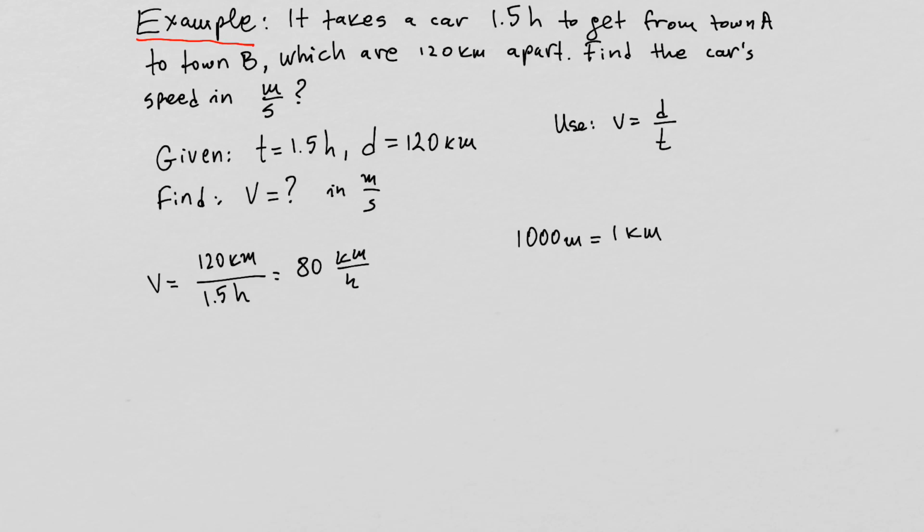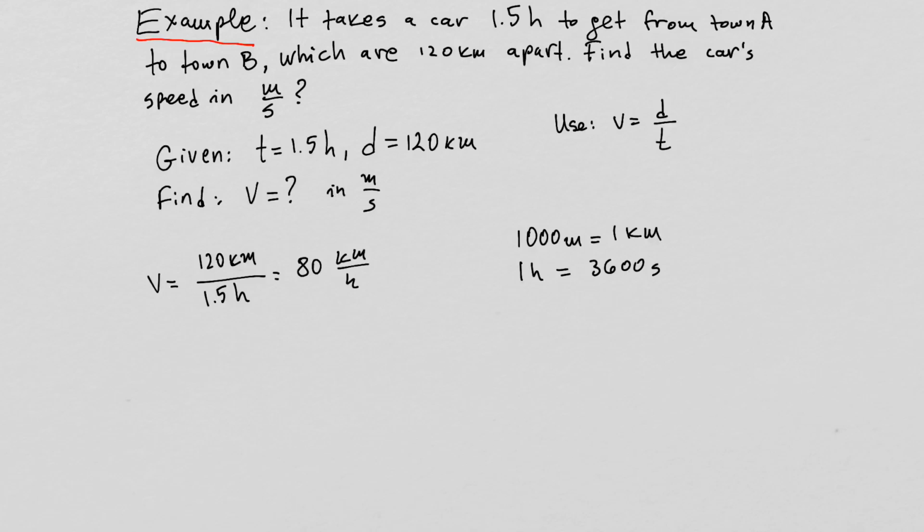Also, I can derive a relationship between hours and seconds. So 1 hour is equal to 3,600 seconds. 1 hour has 60 minutes, each minute has 60 seconds, so 60 times 60 is 3,600.